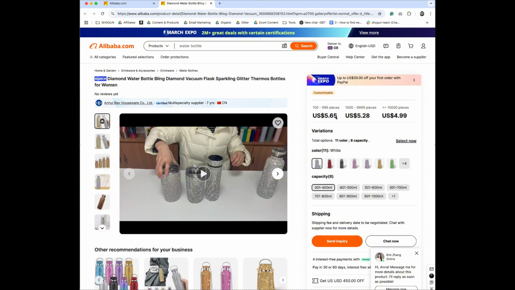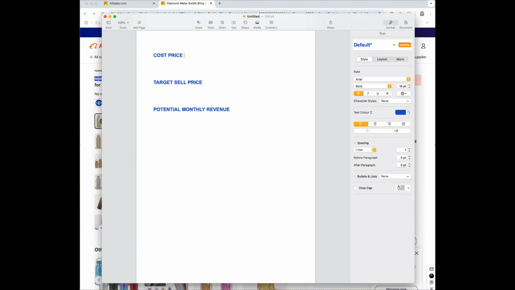So in this case, our price is $5.65. So we're going to pay a manufacturer $5.65 per unit. And then we need to decide how much we're going to purchase. So let's say we are going to buy 100 pieces, for example.